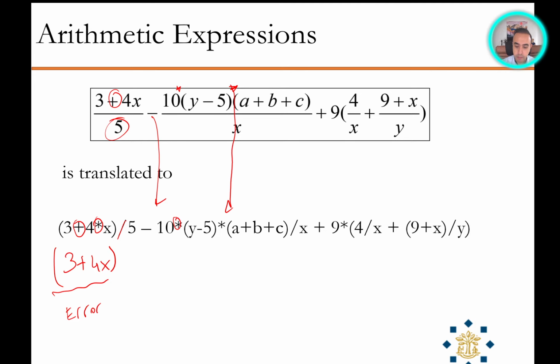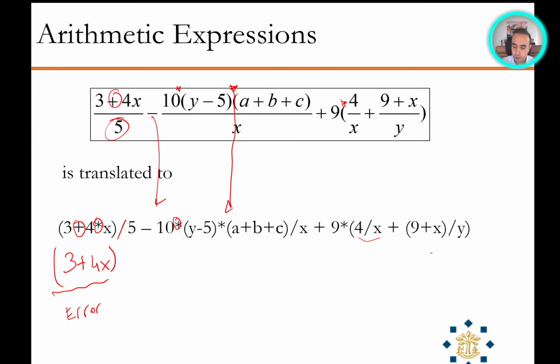And be careful about the parentheses. Here we have plus 9 multiply, again another hidden multiplication. 4 by x, this is fine. But then we have plus 9 plus x by y, right?